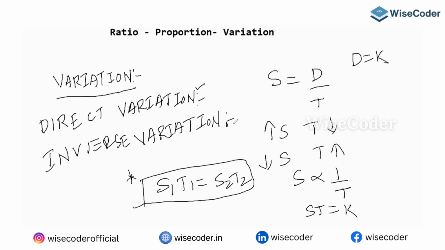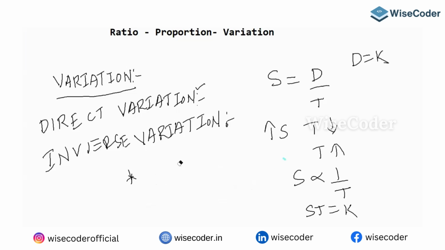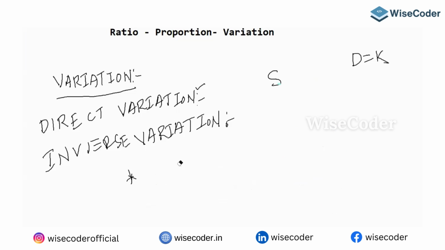So we can take one example. So please write down, inverse variation. You can write like this. How can you write, guys? Look here.